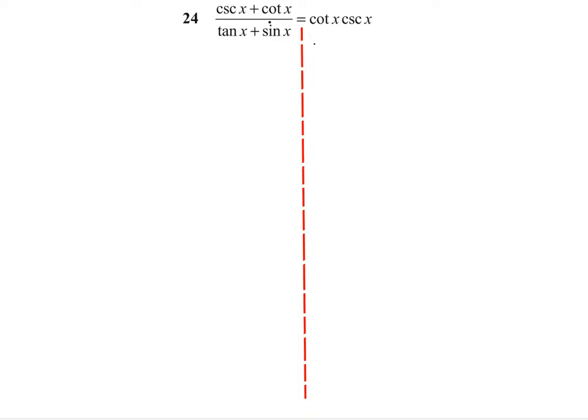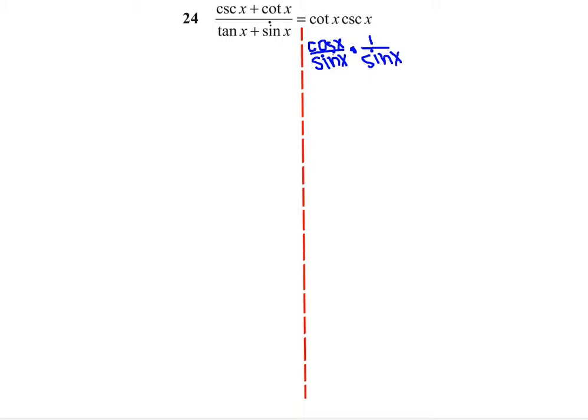So cotan is the same as saying cos x over sine x. This is times cosecant, which is the inverse of sine, so 1 over sine x.